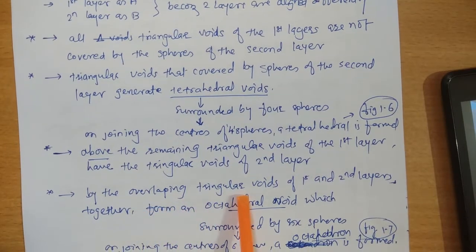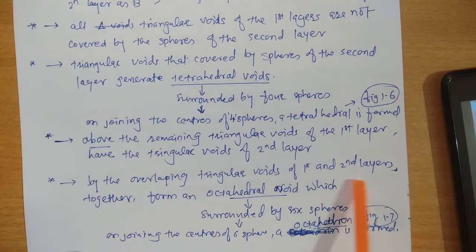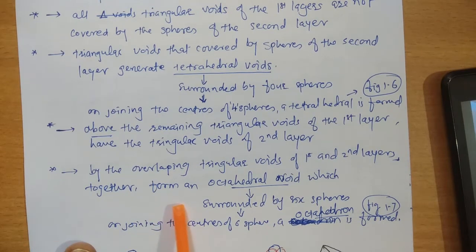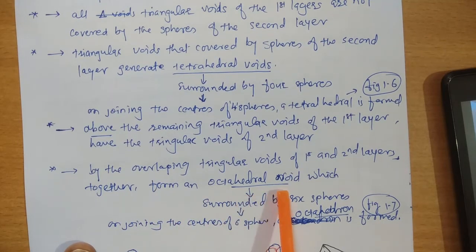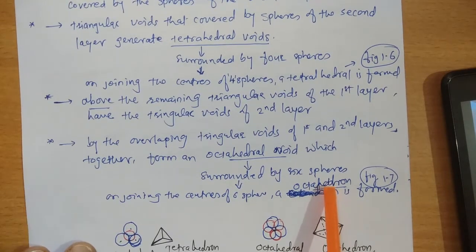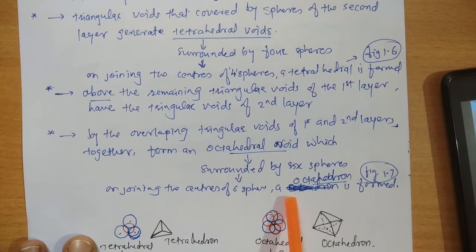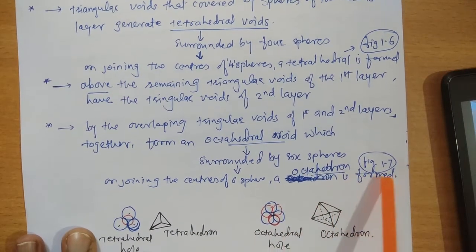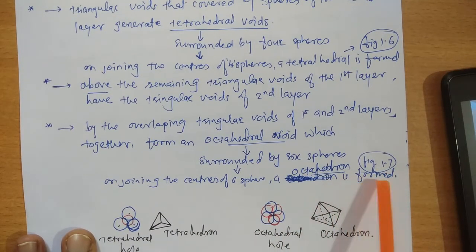By the overlapping of the triangular voids of the first and second layers together, an octahedral void is formed, which is surrounded by 6 spheres. On joining the centers of the 6 spheres, an octahedron is formed, figure 1.7 in the textbook.